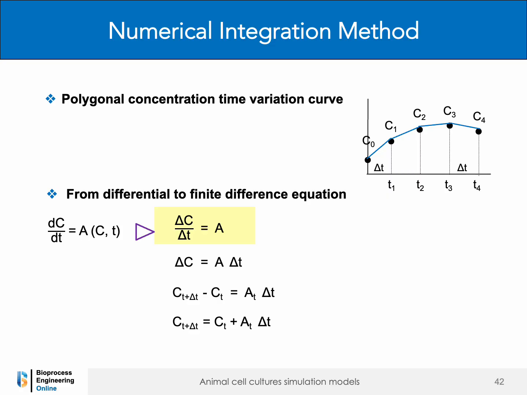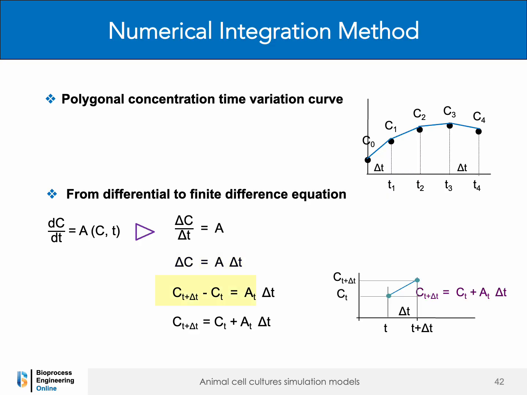The derivative dC/dt is then approximated by the ratio of the concentration variation delta C to the time step delta t, and the differential equation then becomes delta C over delta t equals A, or delta C equals A delta t.